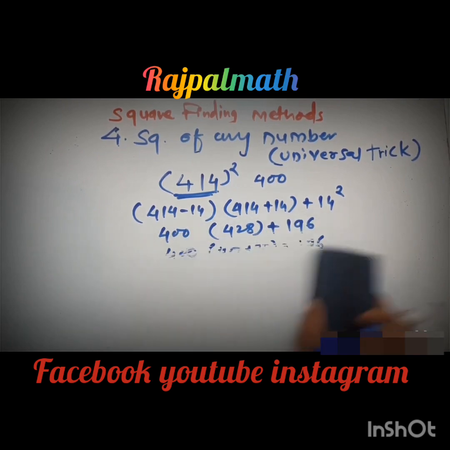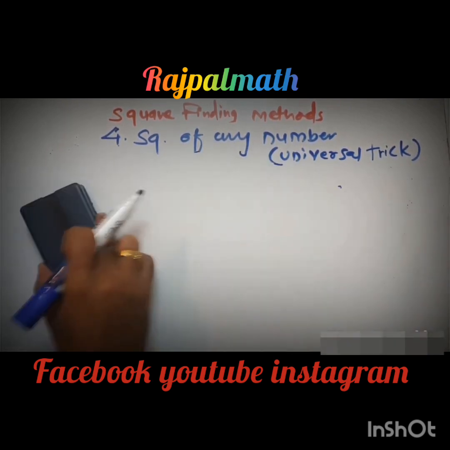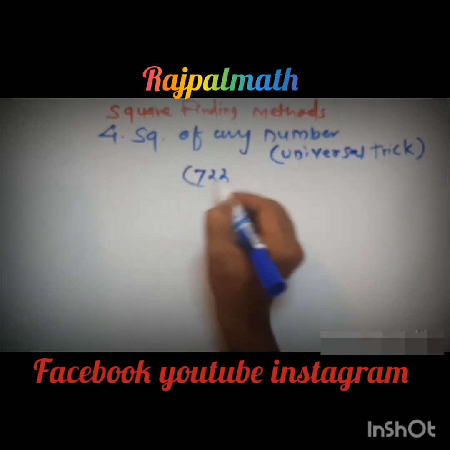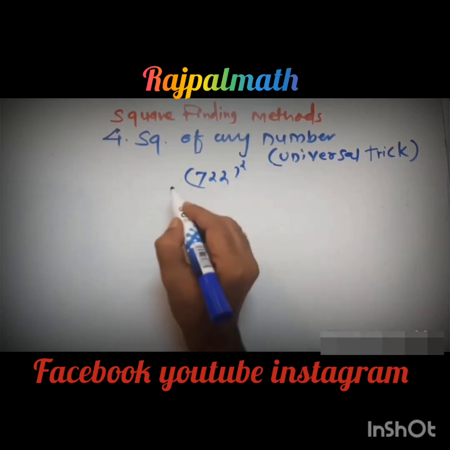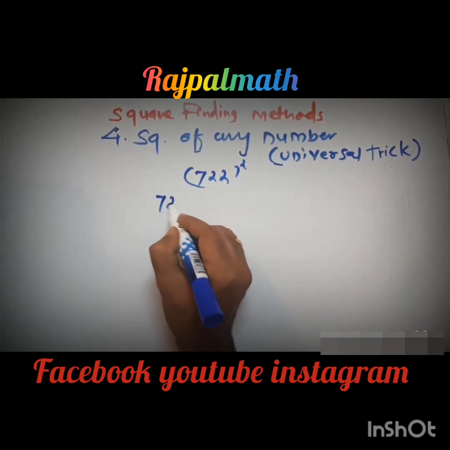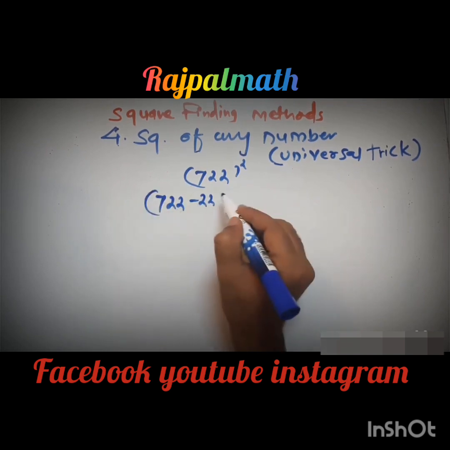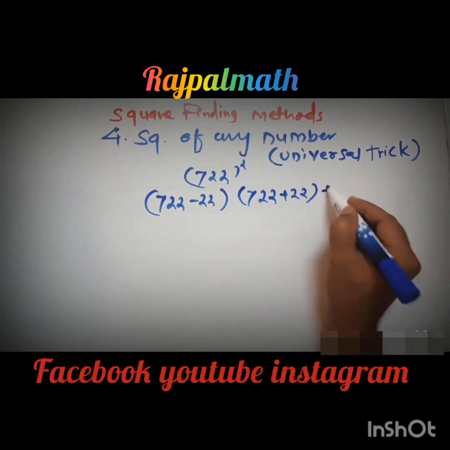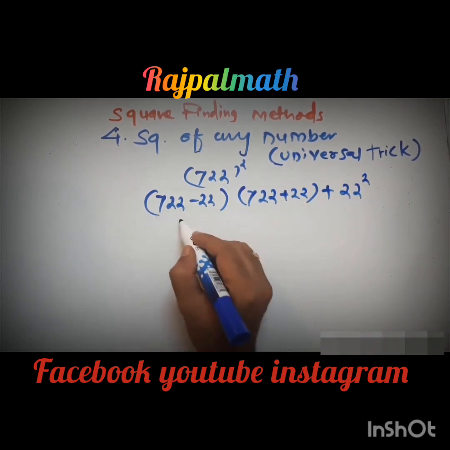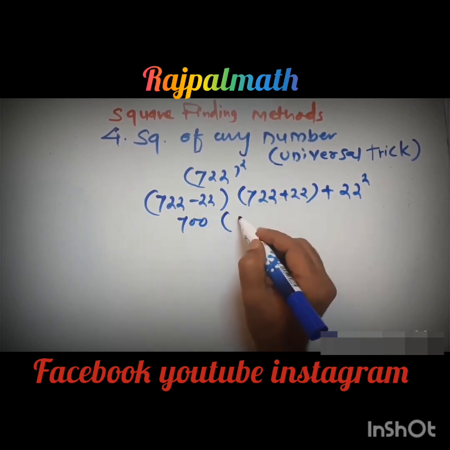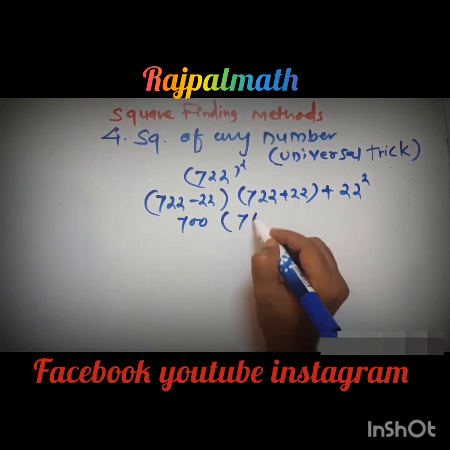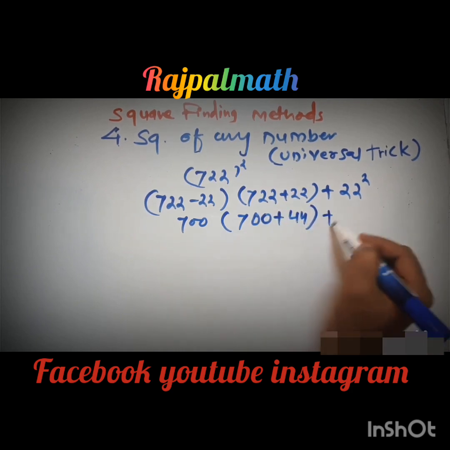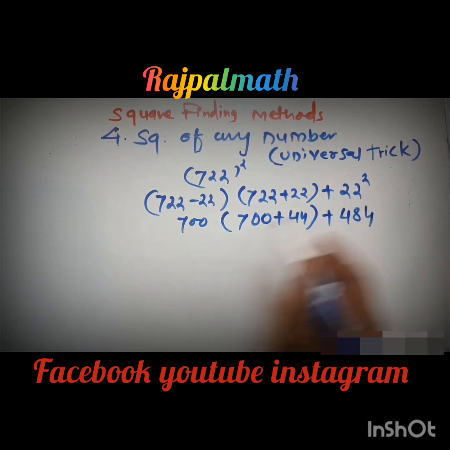Let's take another example. I'm going to find the square of 722. Here the closest number is 700. So 722 minus 22 into 722 plus 22. Add 22 square. So this is 700 into 744, which I can write as 700 plus 44, plus 22 square is 484.